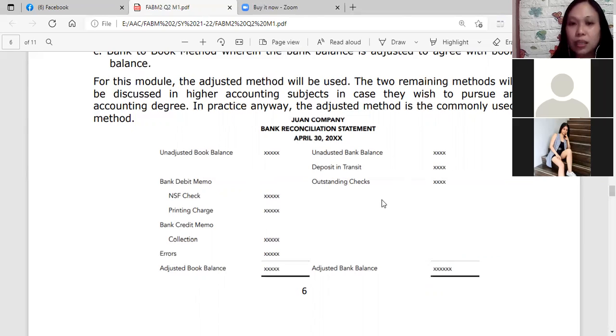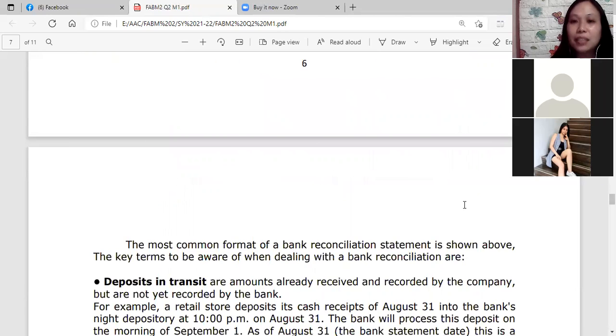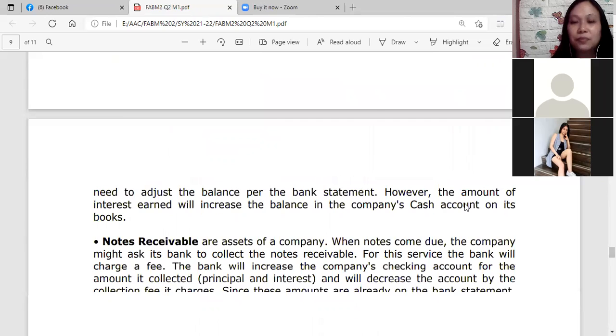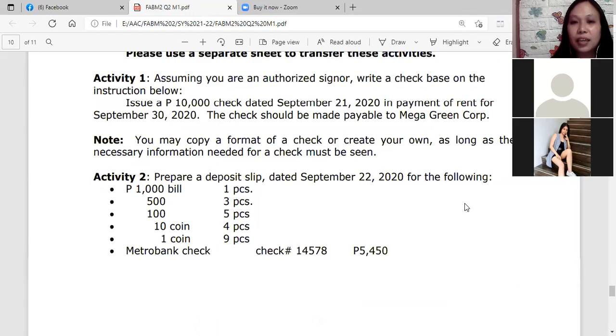Company. So if it's the company, then you put it in the book. And since it's earned, it means it's an addition. Addition. Correct.